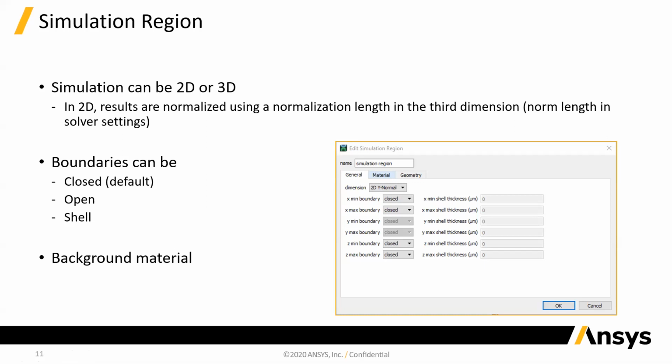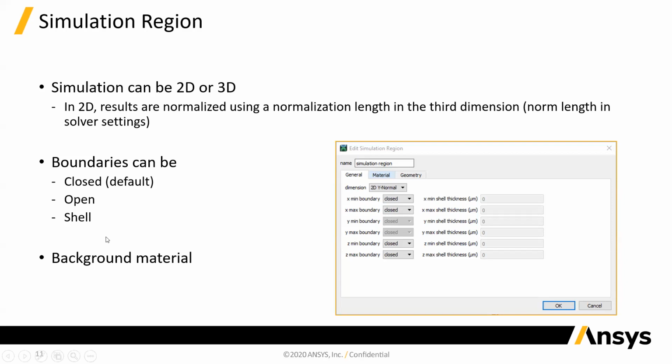So you can imagine that if your geometry is a sphere and you make all of your boundaries open, your 3D simulation volume is actually going to be a sphere. So it's quite different from what's available in FDTD and mode, where your simulation volume or simulation area is always a rectangular prism or a plane rectangle. But in the finite element environment, your simulation volume, the 3D volume, can have any shape.